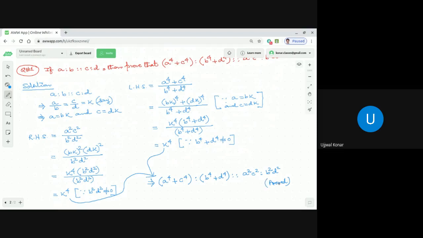Correct or not? Absolutely clear? Okay, great. Then we can start solving the next problem.